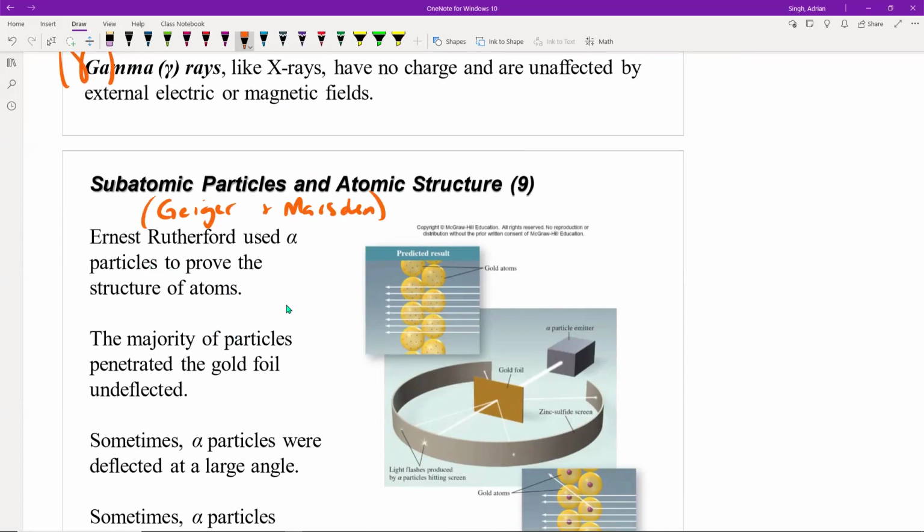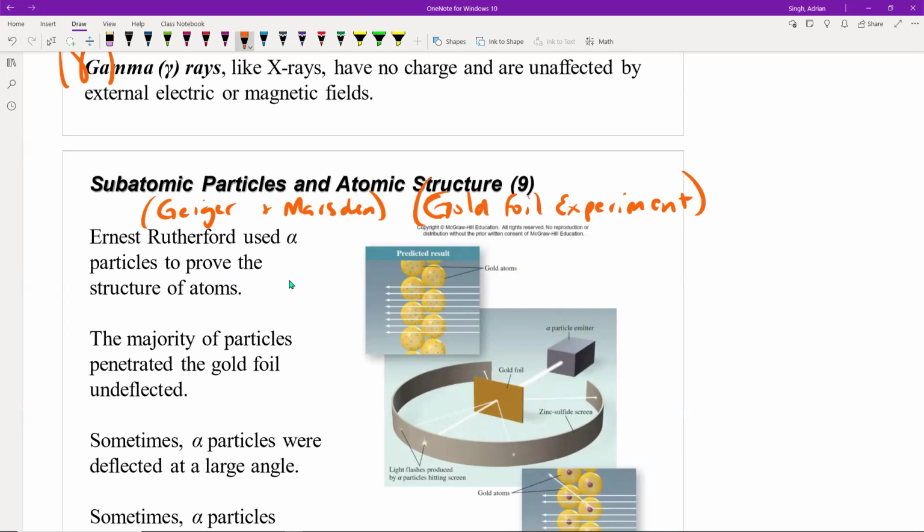They performed what's known as the gold foil experiment. And the idea behind this is also very simple. A lot of these experiments, they're not really complicated things. They're just really simple, but the observations that people make and then the conclusions that are drawn, those are kind of the groundbreaking stuff.